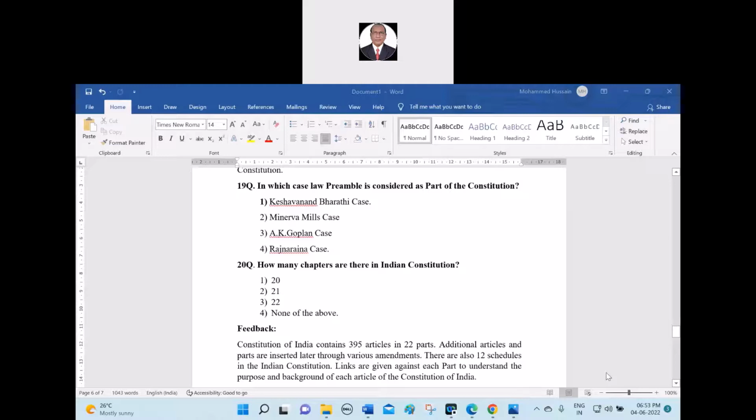Right to live with dignity comes under which article? 21. And Article 21 deals with many rights: health rights, environmental rights, medical rights. And a new article also, I think it is added, child education. And a child should not be exploited. Please check that, even bonded labor.